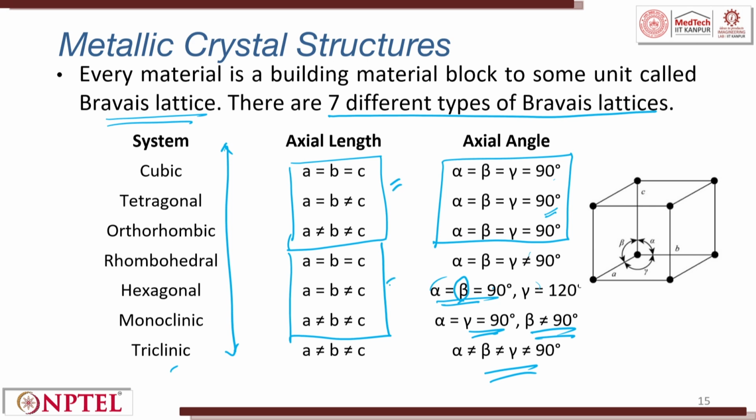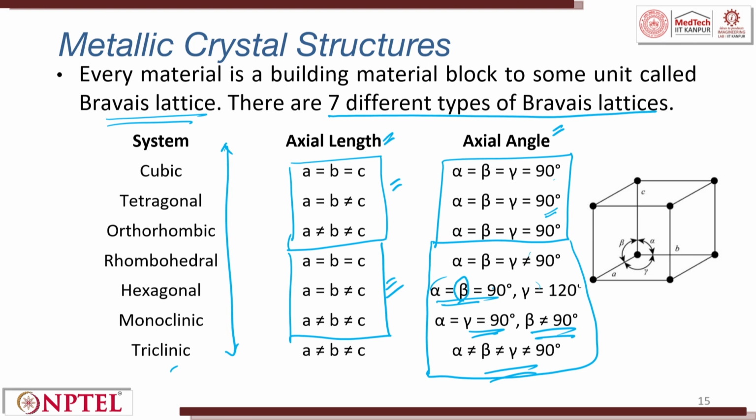This one and this one are repeats. And then finally, it will be A not equal to B not equal to C. Here the important points are the angles which are getting changed. So axial length and axial angle play an important role in deciding the different types of Bravais lattice.